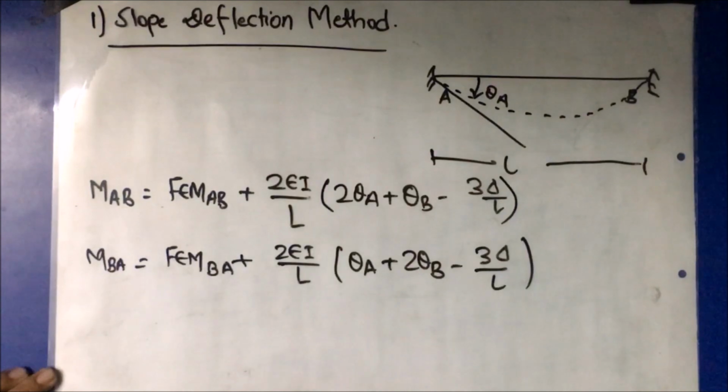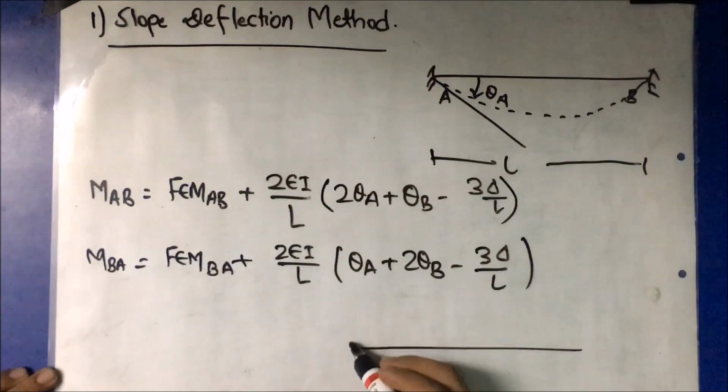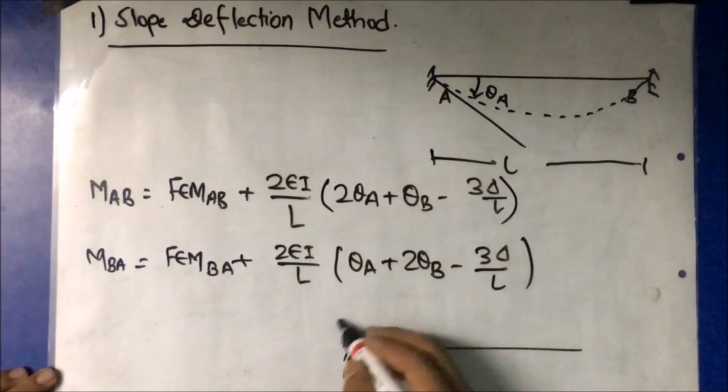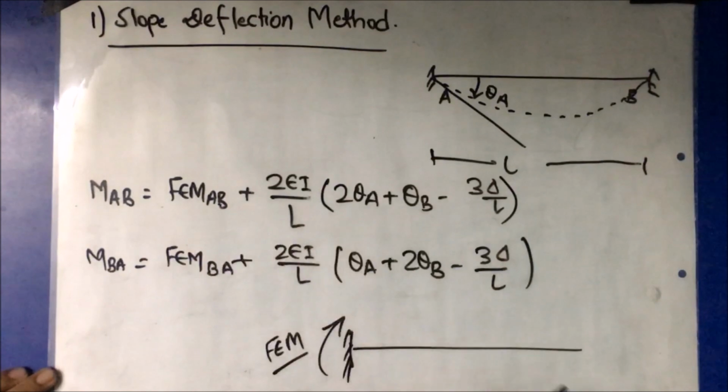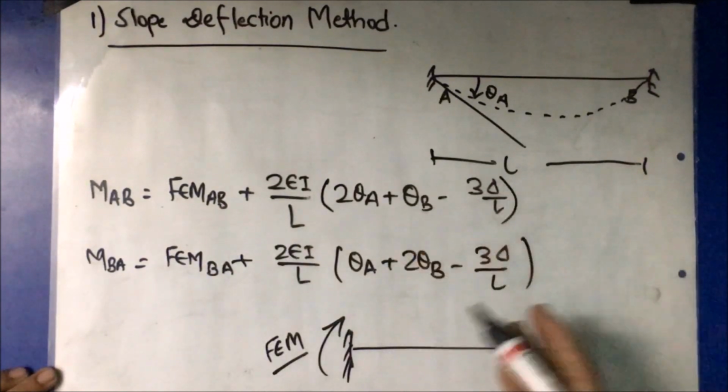Fixed end moment AB, that is keeping one end fixed, and the moment due to restraint is known as fixed end moment, FEM AB, and it depends upon the loading.